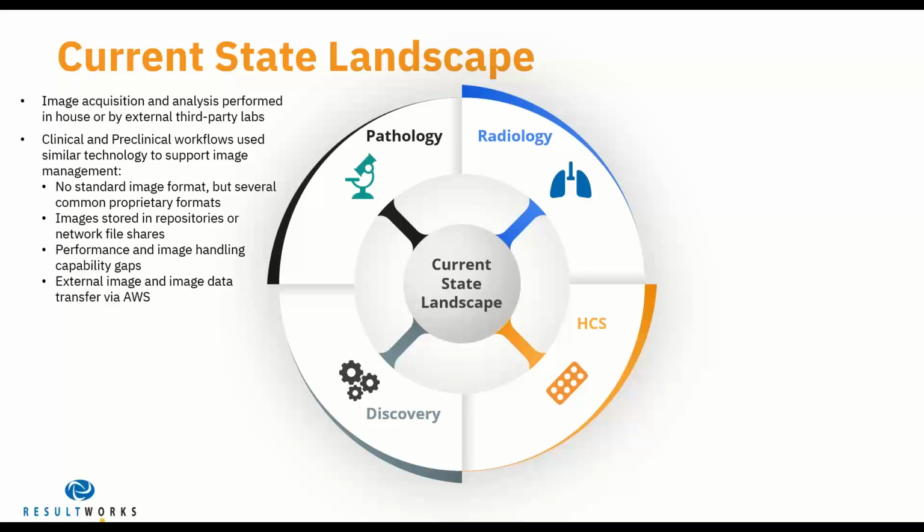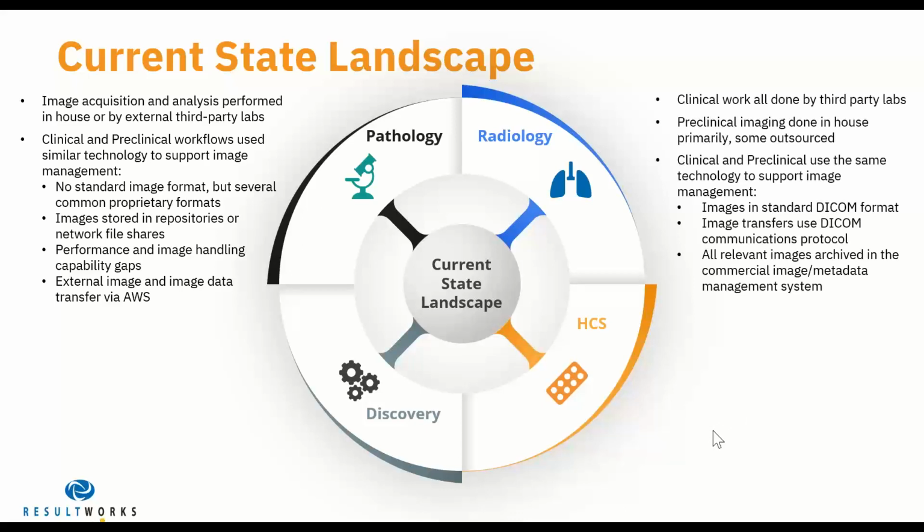There were several proprietary formats that were being used, but again, nothing standard. Images were stored in repositories or on network file shares, but nothing terribly consistent. The performance was an issue, and image handling created some capability gaps that the client wanted to address. And then external image and image data transfers were all done via Amazon Web Services. So that was a snapshot of the pathology area.